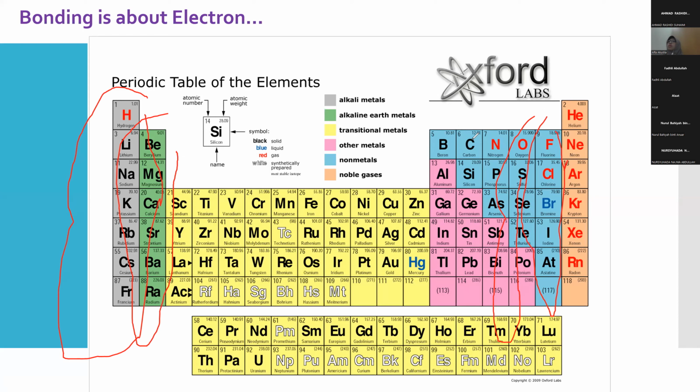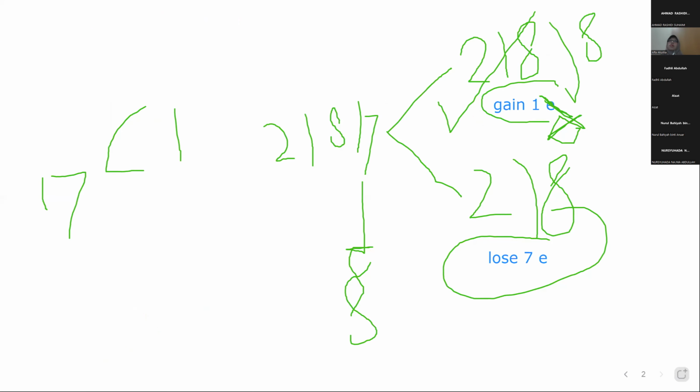Why not group number 4 or 5? How about number 4? Number 4, I can see carbon with 6.